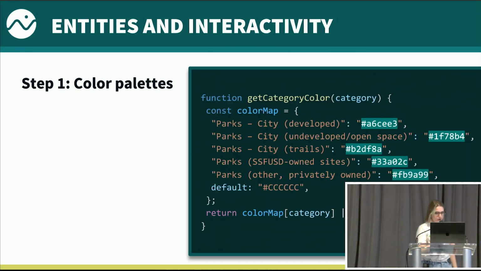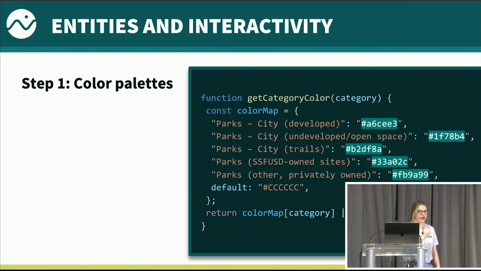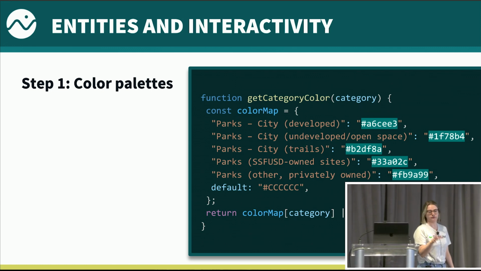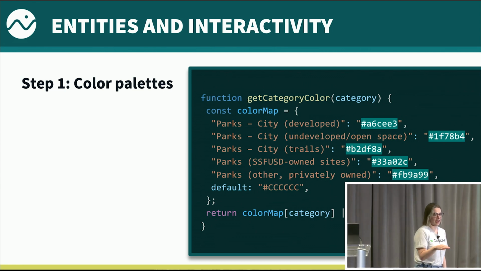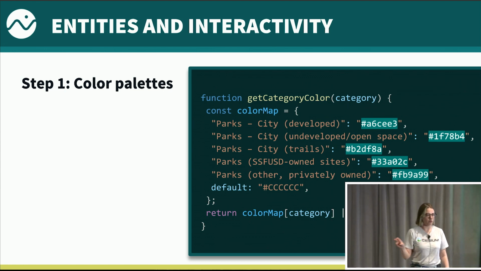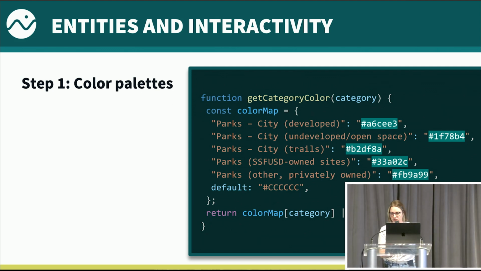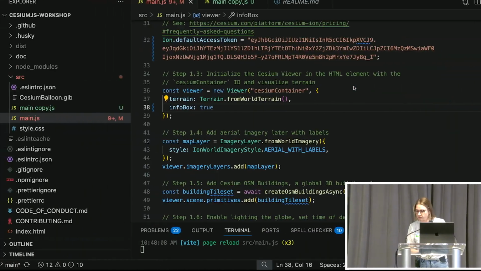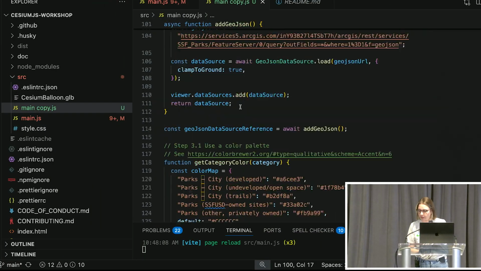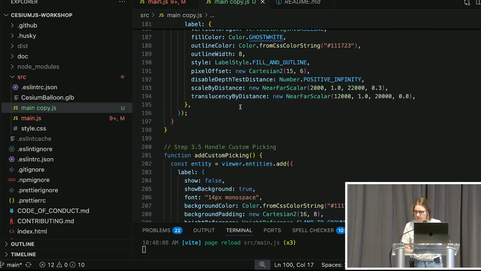So we are going to jump to our app and add a function that will take in the category name and then spit out the color that we want to use, right? So I'm going to jump back over to Visual Studio. I'm going to go back to main.